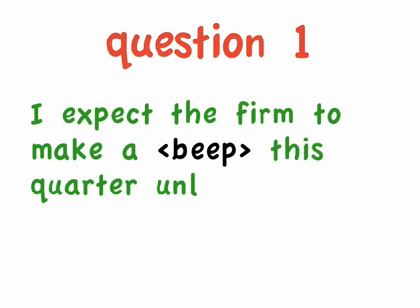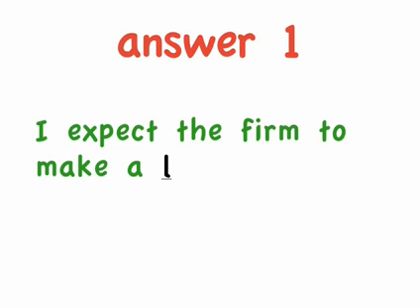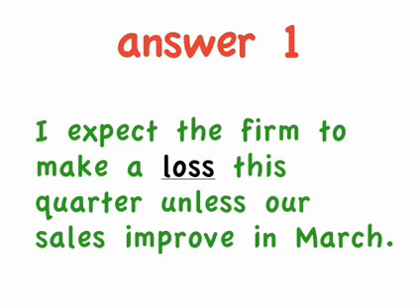I expect the firm to make a beep this quarter unless our sales improve in March. Answer. I expect the firm to make a loss this quarter unless our sales improve in March.